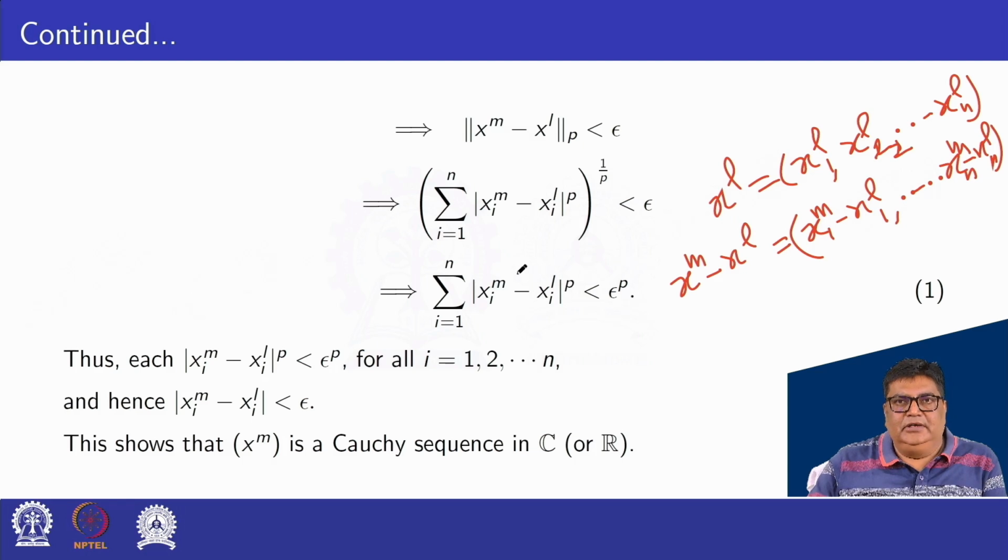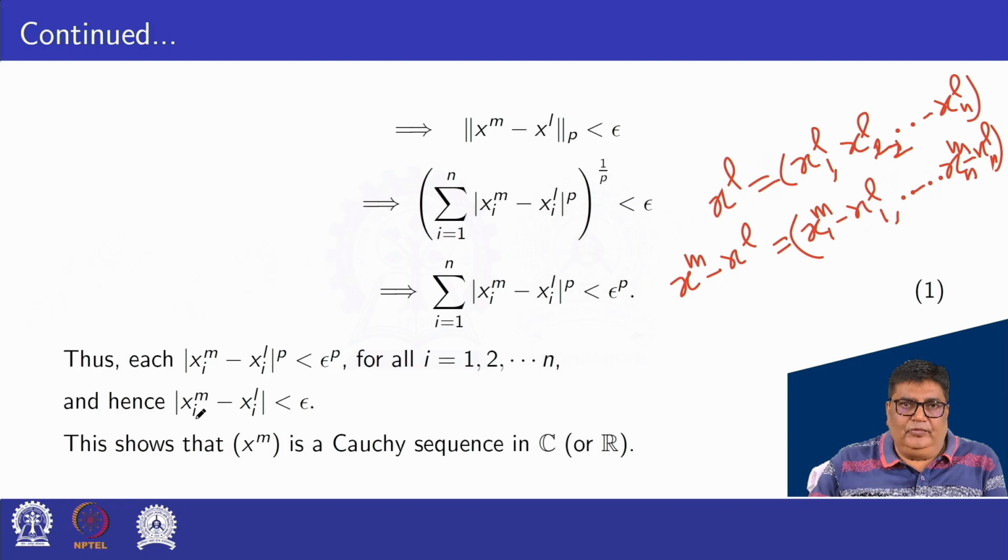It means the sum of the n terms is less than epsilon power p. Thus, each mod xmi minus xli power p is less than epsilon power p for all i equal to 1, 2 and so on n. Hence, taking the pth root of this inequality, we have mod xmi minus xli less than epsilon.